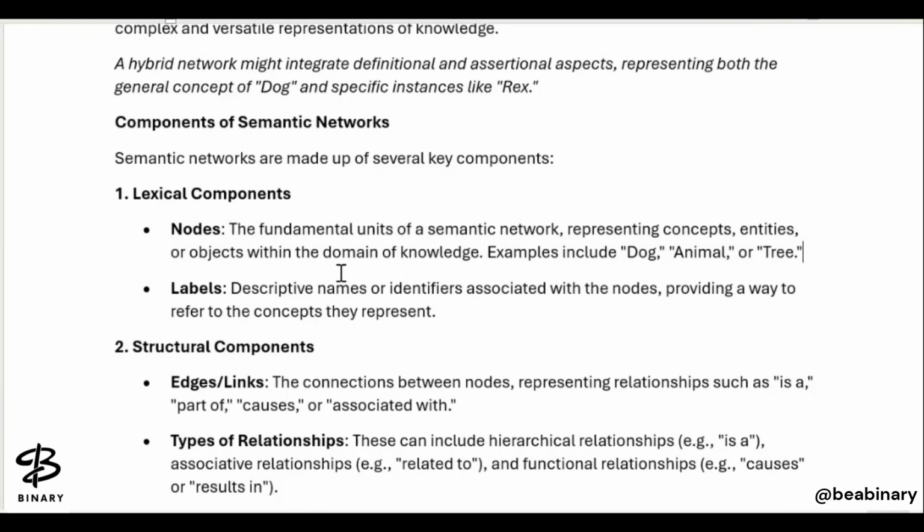Now the label: the descriptive names or identifiers associated with the nodes, providing a way to refer to the concepts they represent. So it is the name we give to our node, or the identifier which shows how the concepts are represented.